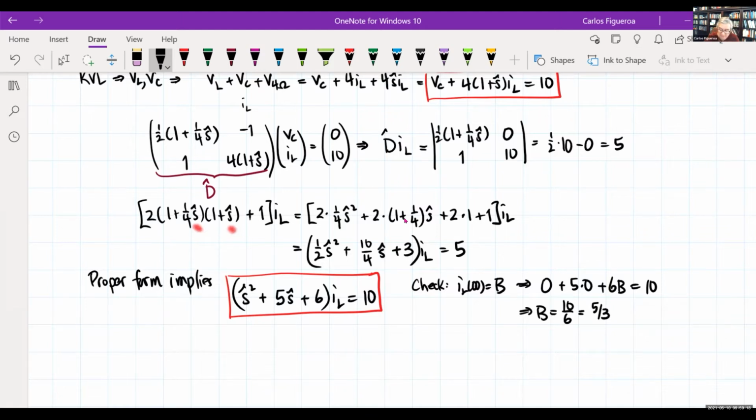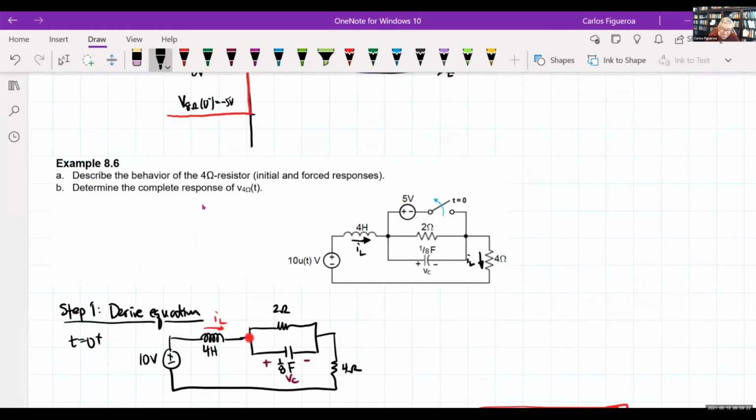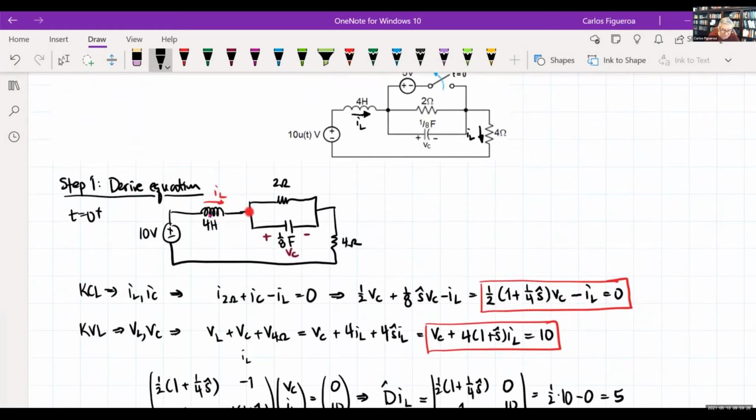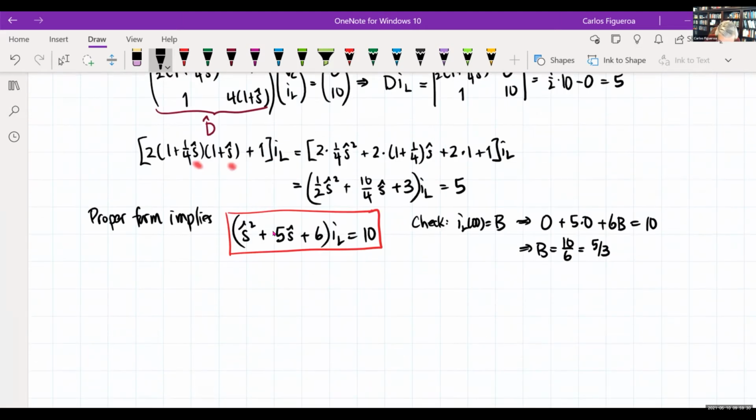Let's go check this out with the circuit. If I go look at my circuit here, at steady state, the inductors are short, the cap is an open, right? So at steady state, I got my 10 volt, I have my short, I have my open, I have a 2, and then I have a 4.